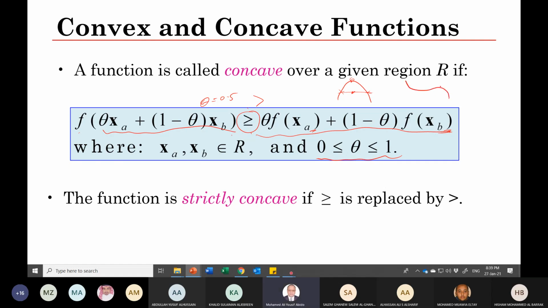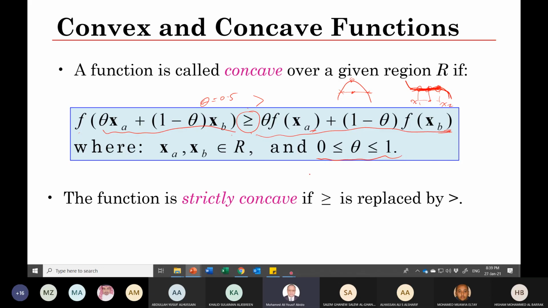And you may have such a function. If you have a flat point here, if this is x1 and this is x2, you will find any point here, the function is the same as the straight line between the functions of x1 and x2. So in this case, it might be equal here.